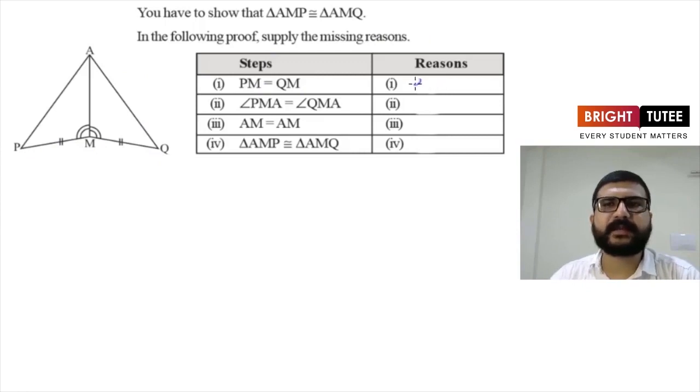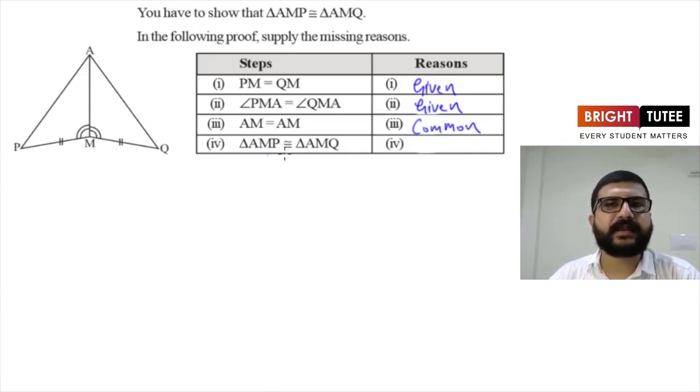So the reason for this will be, it is given in the question. And then it is angle PMA is equal to angle QMA. So this angle PMA is equal to angle QMA, and this is also given in the question. So we can write given in the reason. And then we are having AM is equal to AM, that is this side is common to both the triangles. So in the reason we can write common.